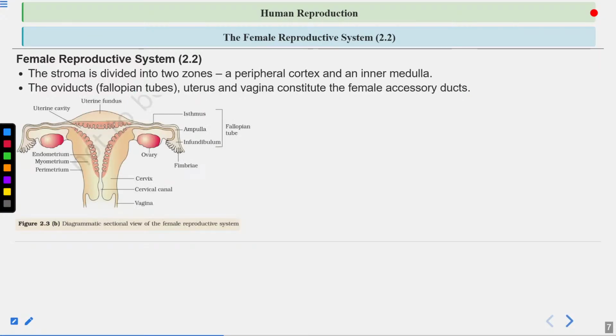Now you can understand this. This is the fallopian tube. There are 2 fallopian tubes, one from each ovary. Then this is the uterus. This is the uterine cavity. Then you can see the vagina here. So the uterus is connected to the vagina through the cervix and the cervical canal.